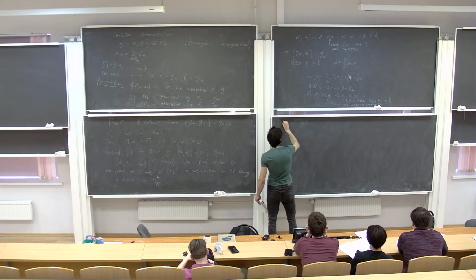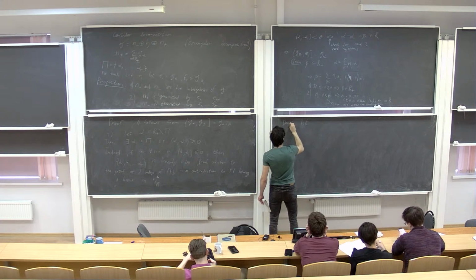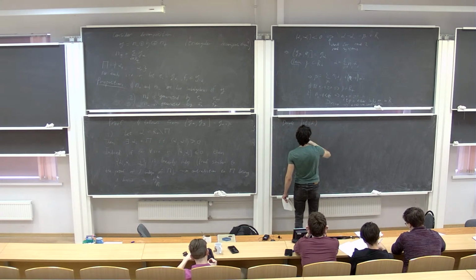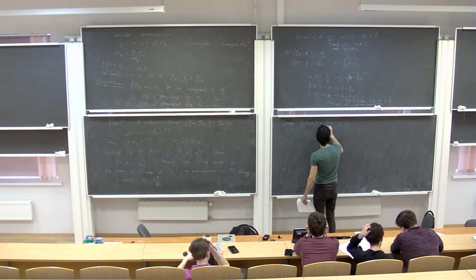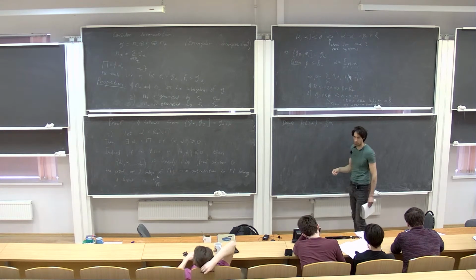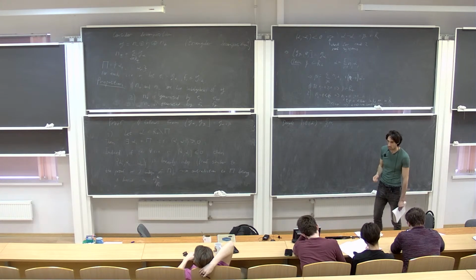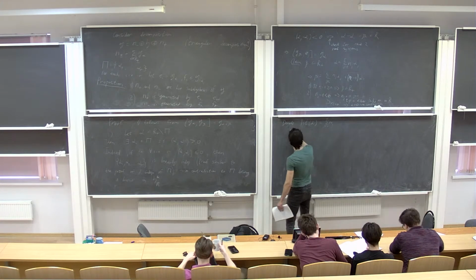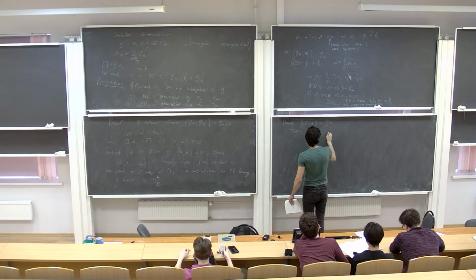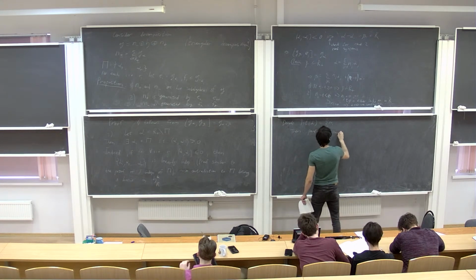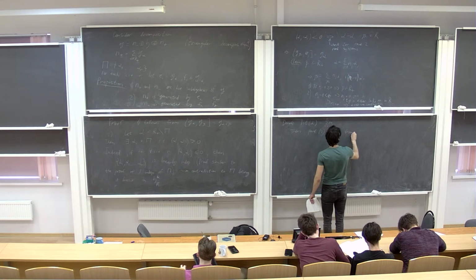Denote the height of alpha to be the sum over i from 1 to r of these numbers n_i. Then part 2 follows from this.